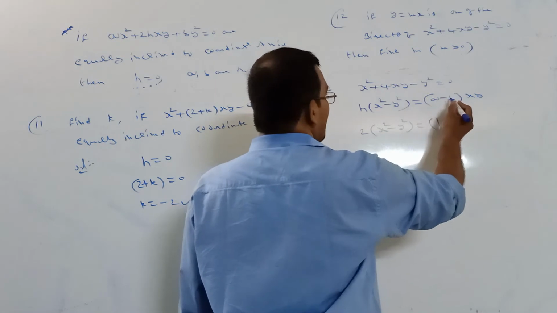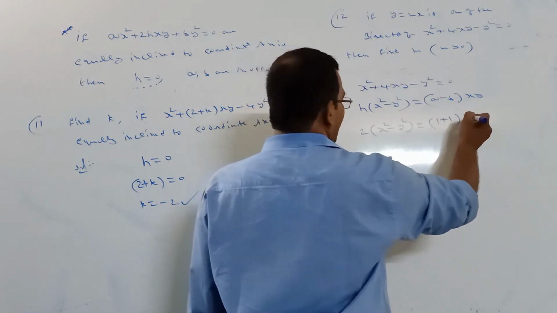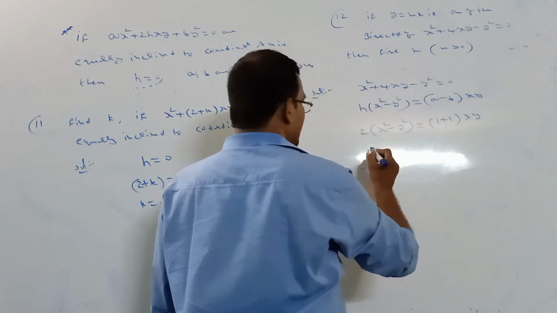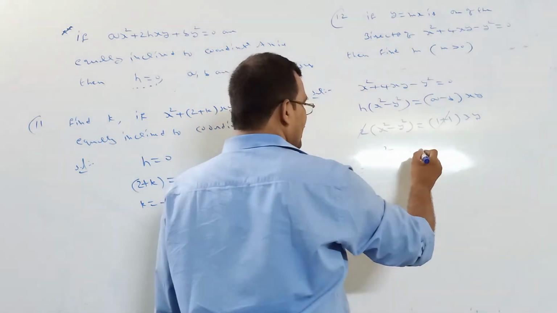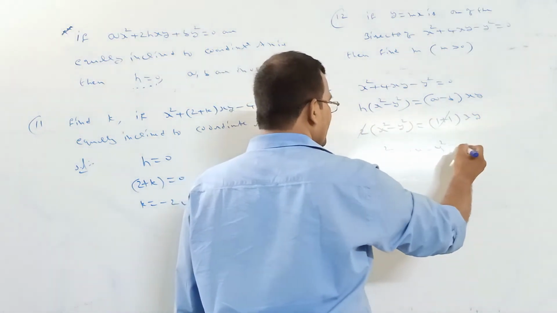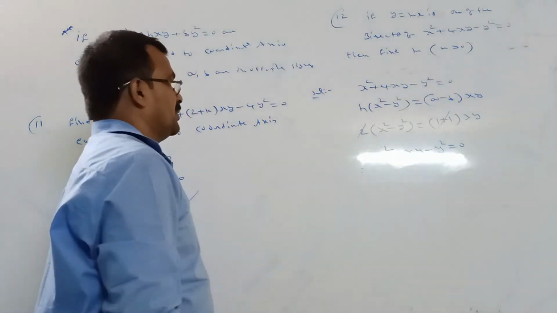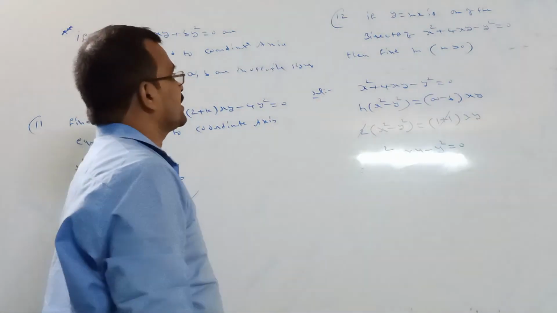A is 1, b is minus 1, so minus of minus, and obviously 2 and 2 cancel. x square minus xy minus y square equal to 0. So this is the angular bisector.